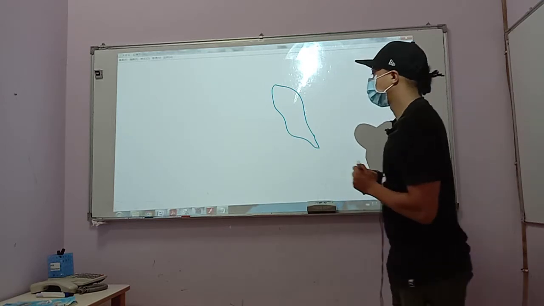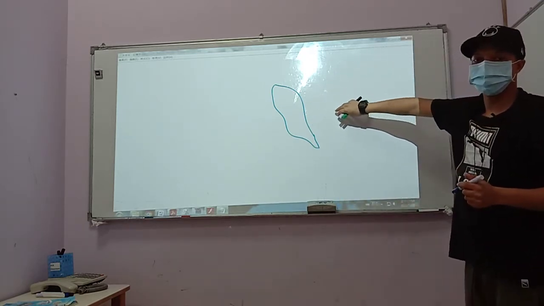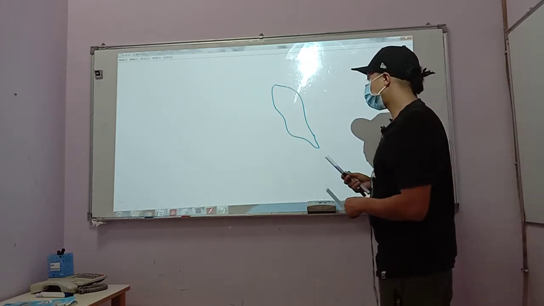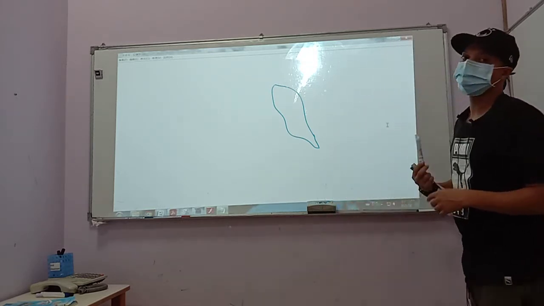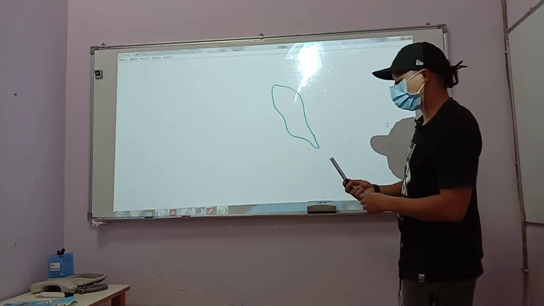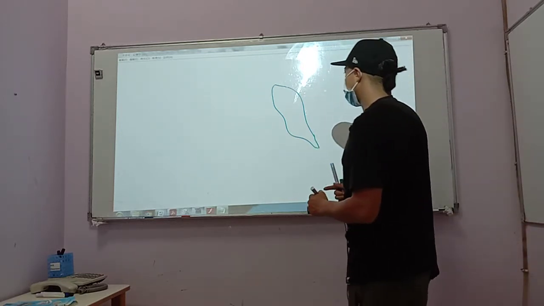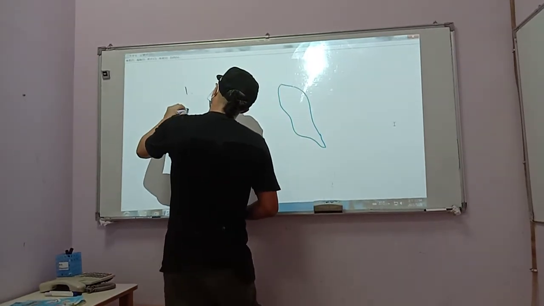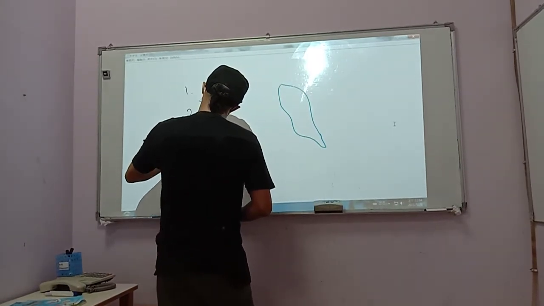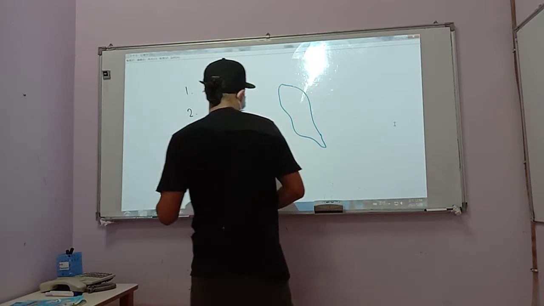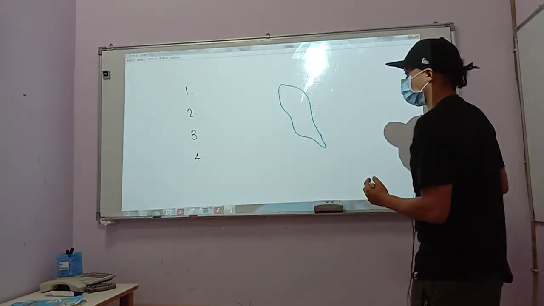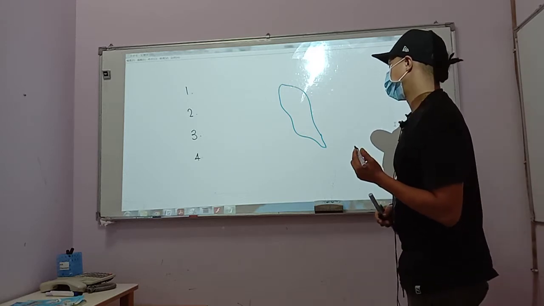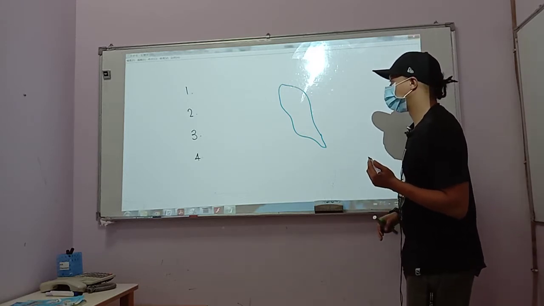All right, if this is Taiwan over here, and I'm thinking of going on a trip in Taiwan. I want to go to a few places. I'll write down 1, 2, 3, and 4 places that I want to go to, and I want to see if you guys know these places in Taiwan.